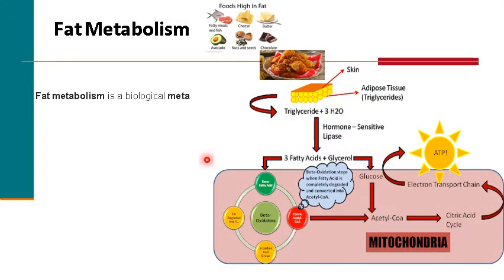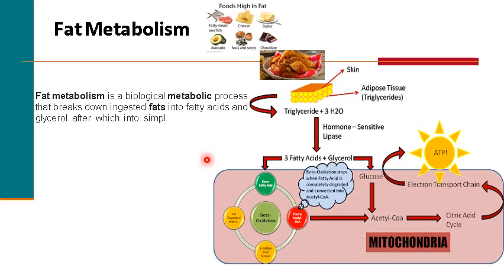Fat metabolism is a biological metabolic process. It breaks down the ingested fats into simpler compounds like fatty acids and glycerol, and these simpler compounds enter the cells and are processed to produce energy for the cells.